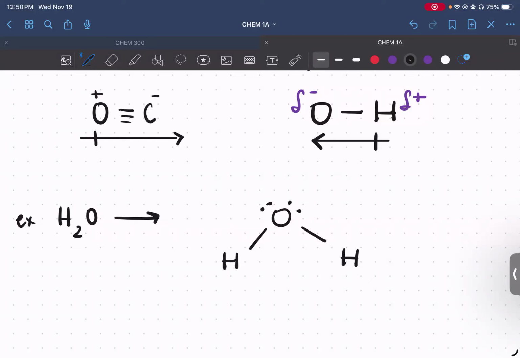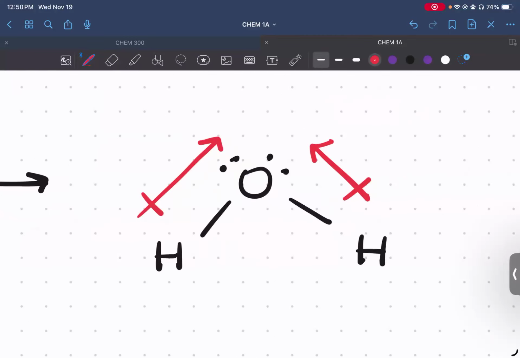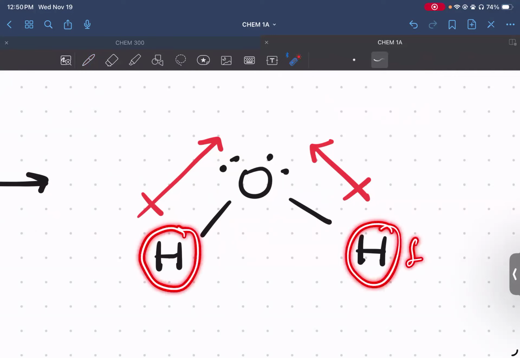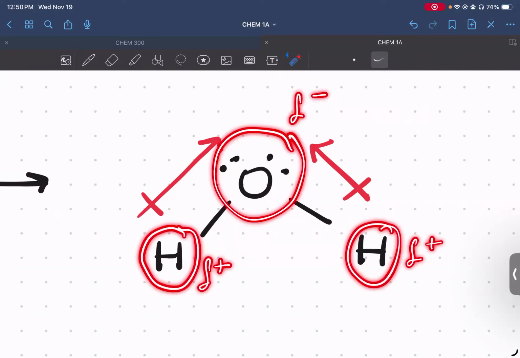What about in the situation where we have three atoms? Well, in theory, it shouldn't be that much different. In fact, we can quickly say the dipole moment, or the arrow, is drawn as such, where we can see directionally and visually the hydrogens are slightly positive and the oxygen is slightly negative.